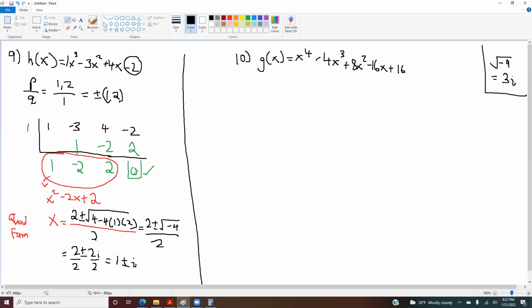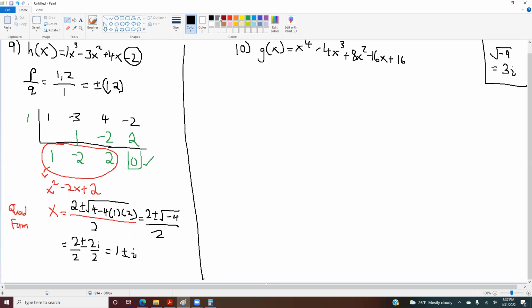So what will be all your zeros in this case? Your zeros will be 1 plus minus i. There are 2 answers here: one is positive i, one is negative i. And don't forget the one that you found with synthetic division, because this is a power 3 polynomial function, so you should have 3 answers.